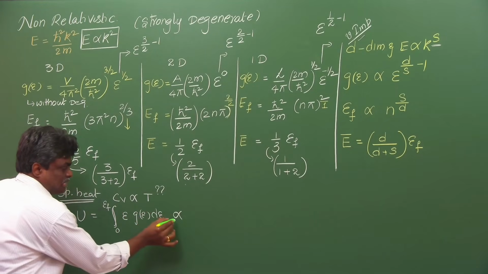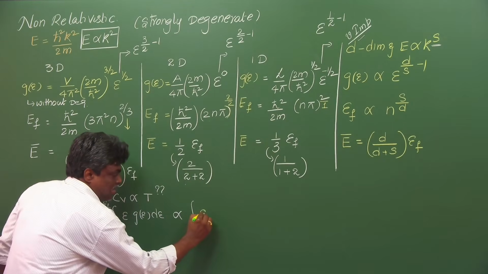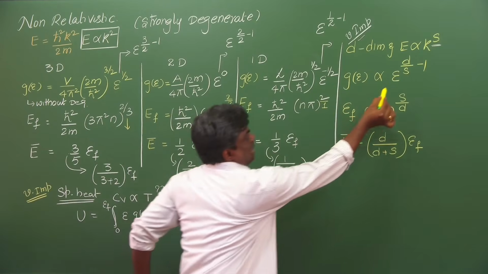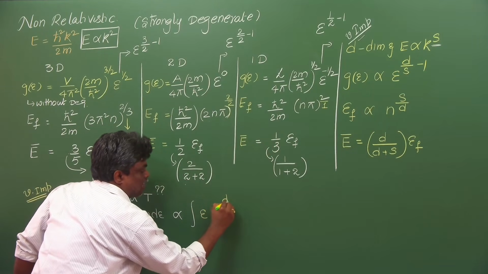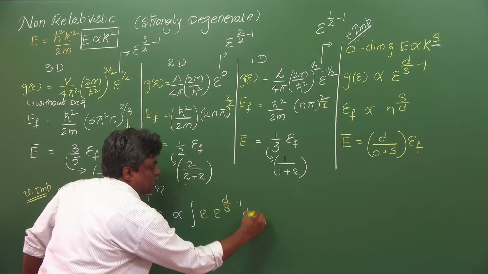Okay, so this is proportional to the integral. Here you have E, your density of states, more generally E power d by s minus 1, and integration with respect to what?